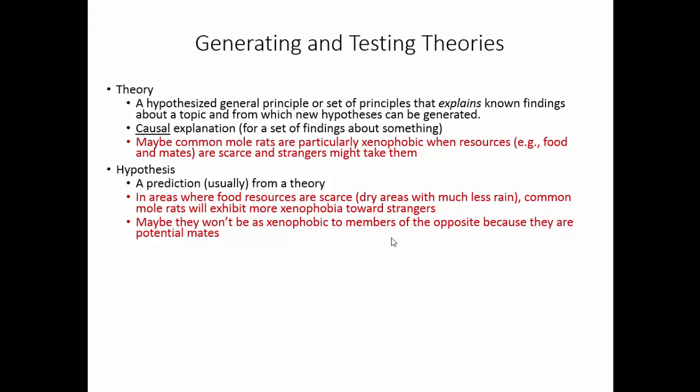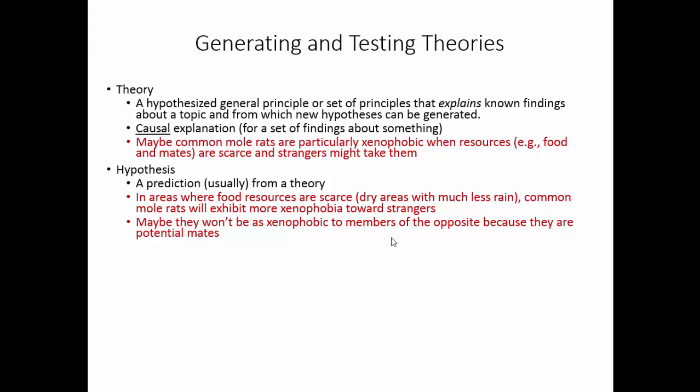First prediction is that in areas where food resources are scarce, such as dry areas that have much less rain and hence it depletes their food resources, common mole rats will exhibit more xenophobia toward the strangers. In other words, where resources are scarce, they become even more important, so there's going to be more aggression towards strangers to protect those limited resources.